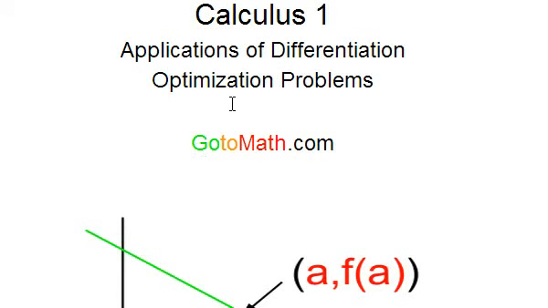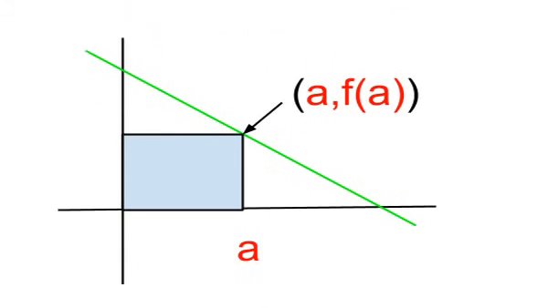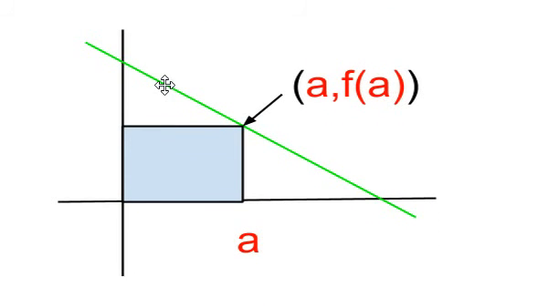Alright, we are working optimization problems. In this particular problem, I'm not going to actually state it in words. I've got a nice little picture drawn for you. What we're going to do is draw a line through the x and y axes, and we're going to inscribe a rectangle inside the line such that this corner right here has a point in common with the line.